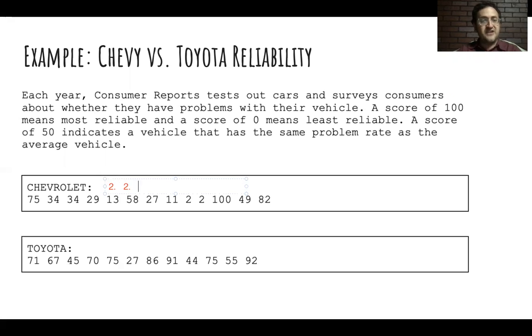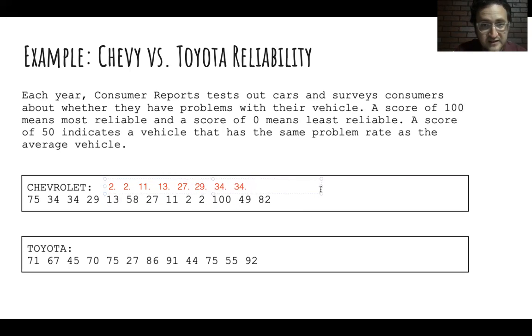So in the case of the Chevy, we have two cars that have a rating of 2. Then we have 11, 13. Next up, we got 29, 2 34s. There's also a 27 that I forgot in there as well.